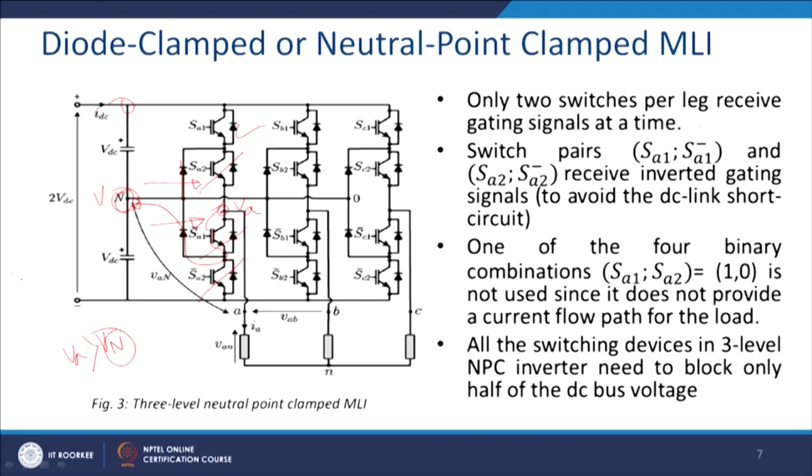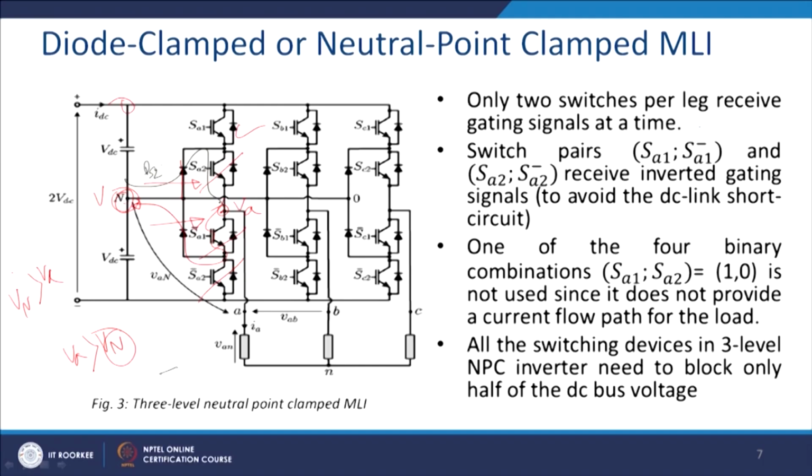So if the reverse happens, that is Vn is greater than Va, then the current will flow from this point to this point through this diode, the SA2, and through S2, and ultimately reach here.